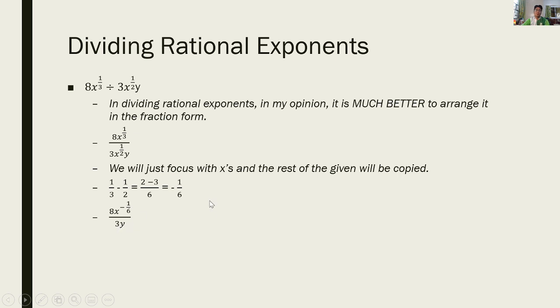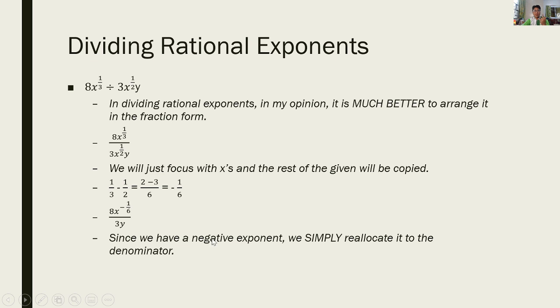Ngayon, dun sa ating laws of exponent, kasama po yung sa negative. We do not have a negative exponent as our final answer. So what we do, since we have a negative exponent, we simply reallocate it to the denominator.